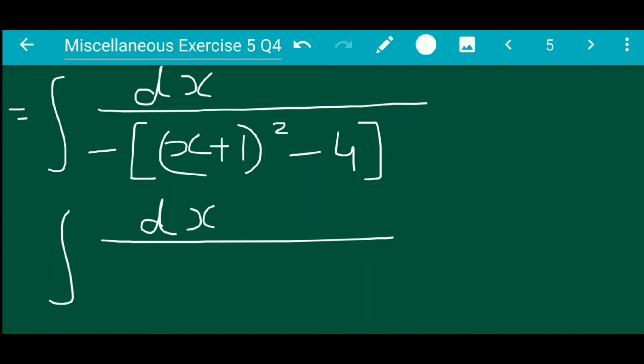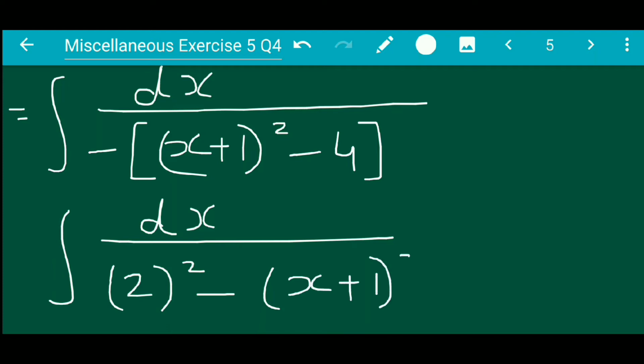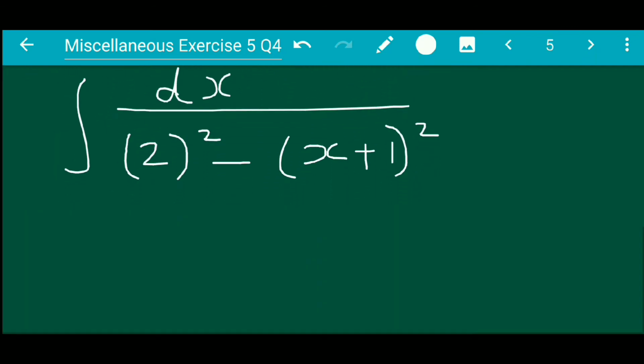We write it initially in the form of 2 square. And whichever term is positive, x plus 1 the whole square term is positive inside the bracket, outside it becomes negative. So minus x plus 1 the whole square. Now which formula is it? Yes, it is 1 upon a square minus x square, which if you remember, it will be 1 upon 2a.